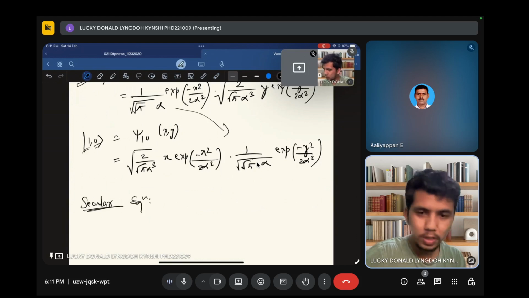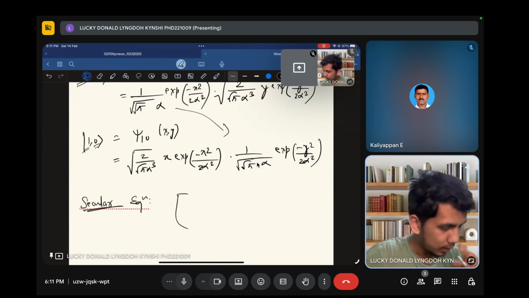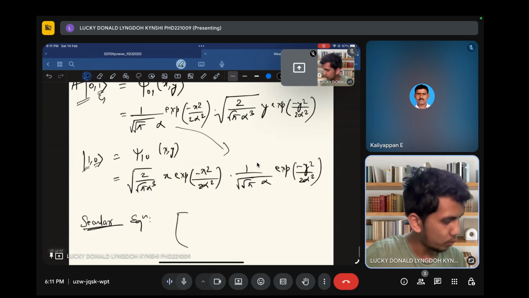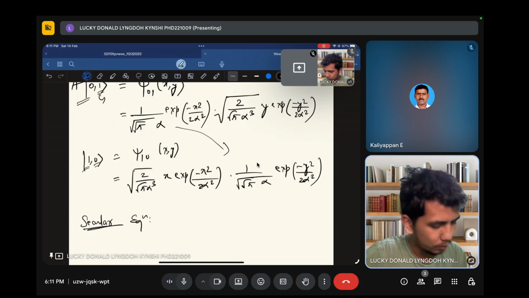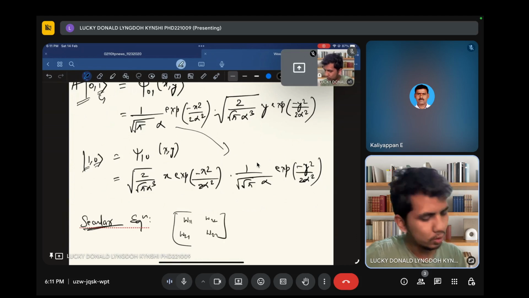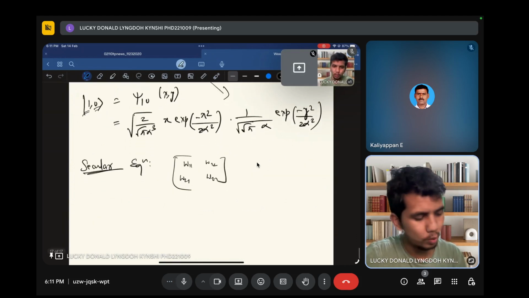And the secular equation, if you remember, you will have something like, sorry, it should not be like this. It should be something like your W11, W12, W21, and W22. So we will solve, and then we will use this equation.